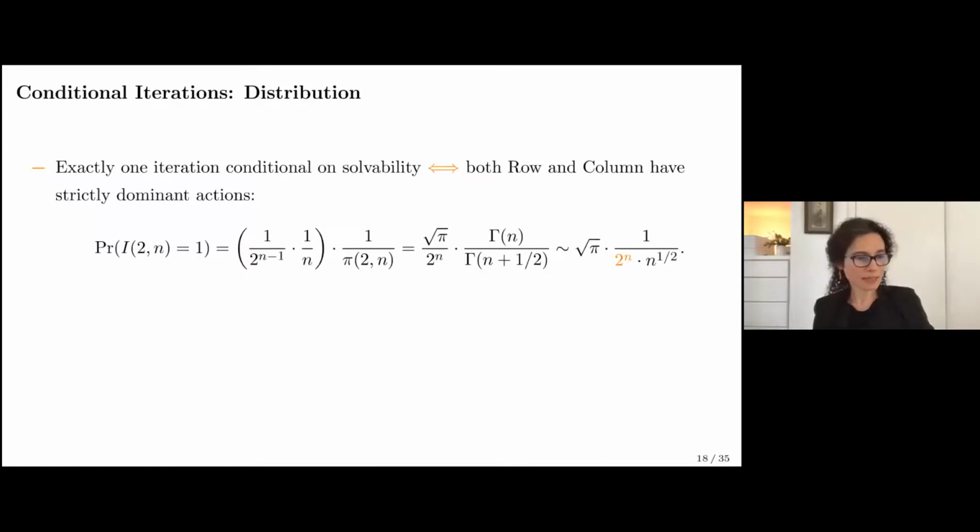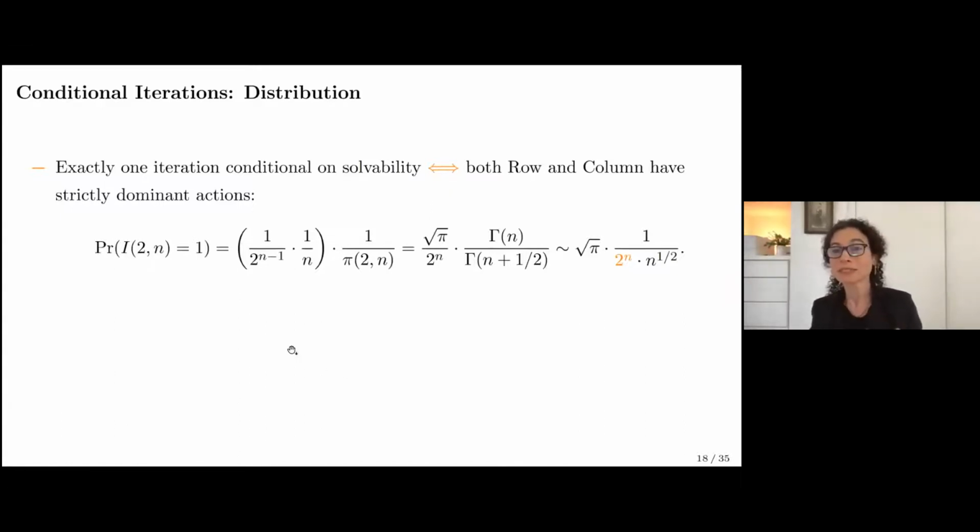All right, now I'd like to tell you something about the conditional number of iterations. The first thing to note is that if you have exactly 1 iteration conditional on solvability, that basically means that both row and column have strictly dominant actions. These are games that we really love. These are the games that are strictly dominant solvable.